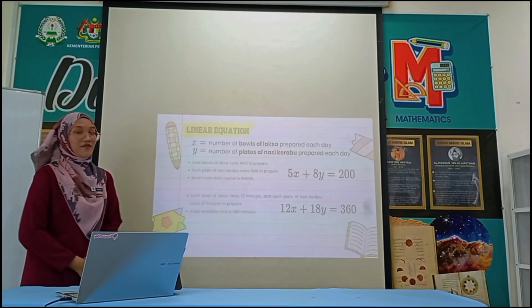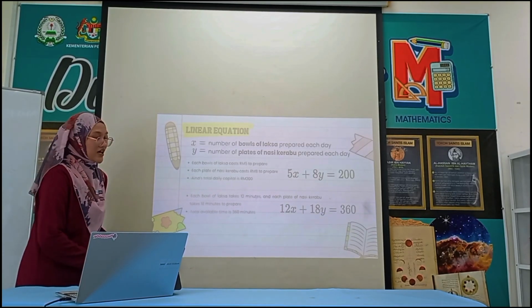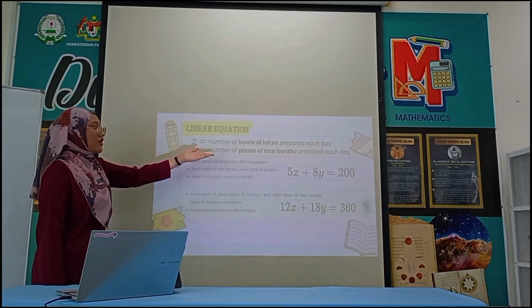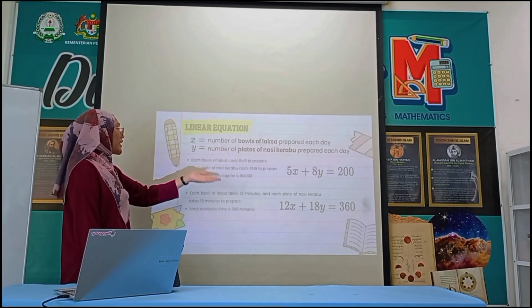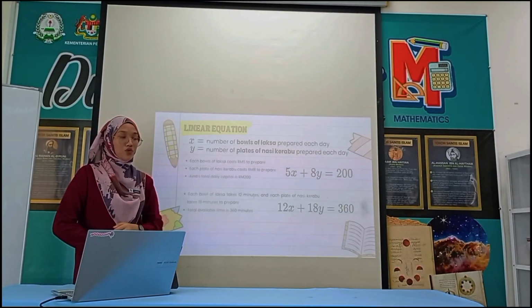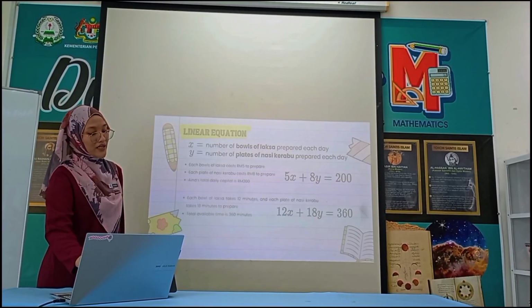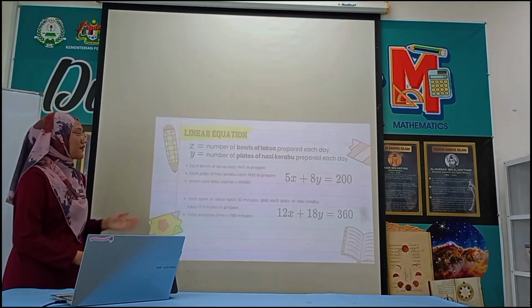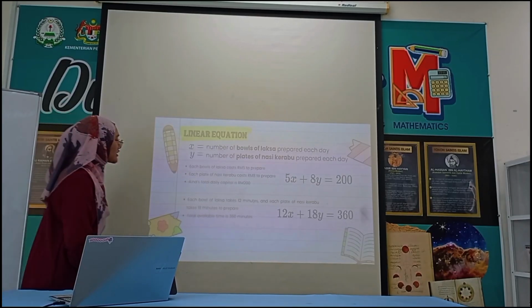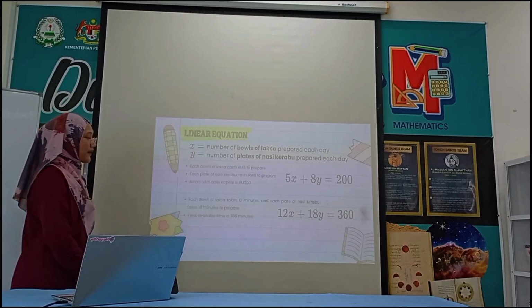First we have to define the variables. Let x be the number of bowls of laksa prepared each day and y be the number of plates of nasi kerabu prepared each day. From the information, each bowl of laksa costs 5 ringgit to prepare and each plate of nasi kerabu costs 8 ringgit to prepare.